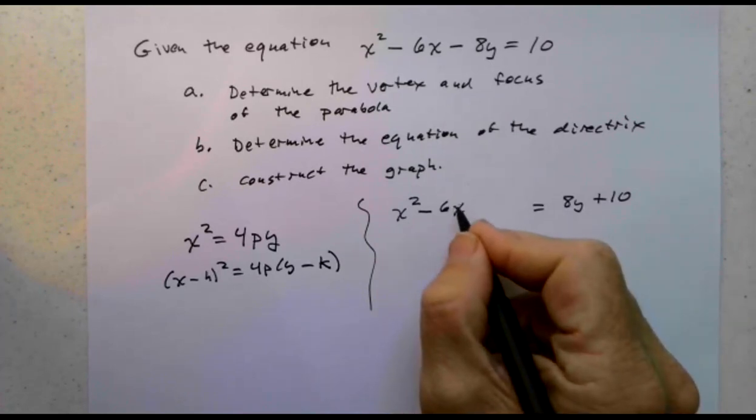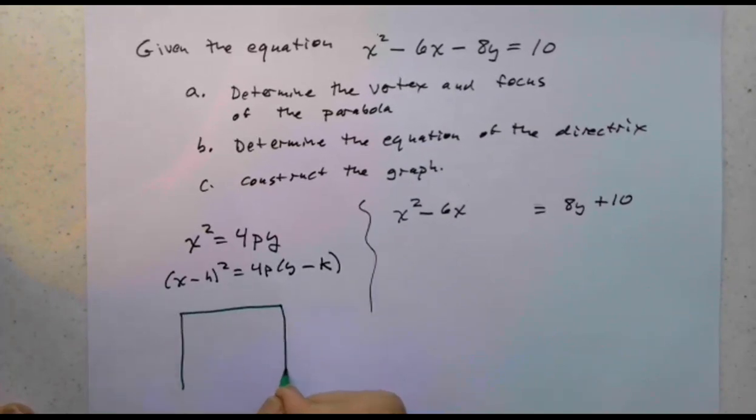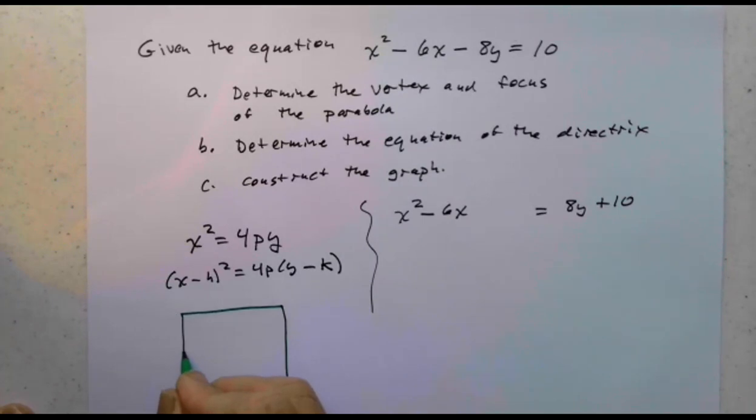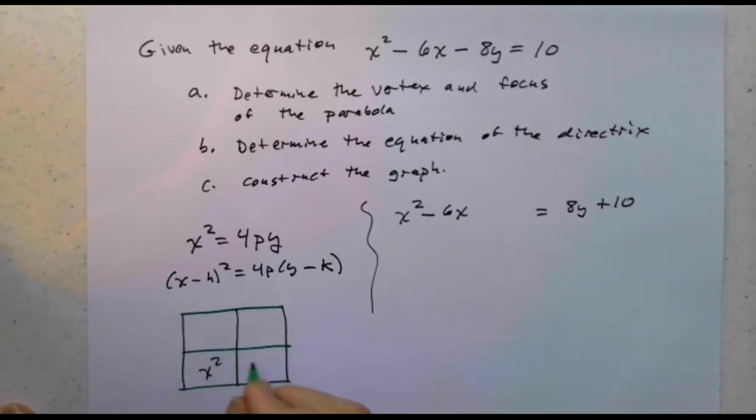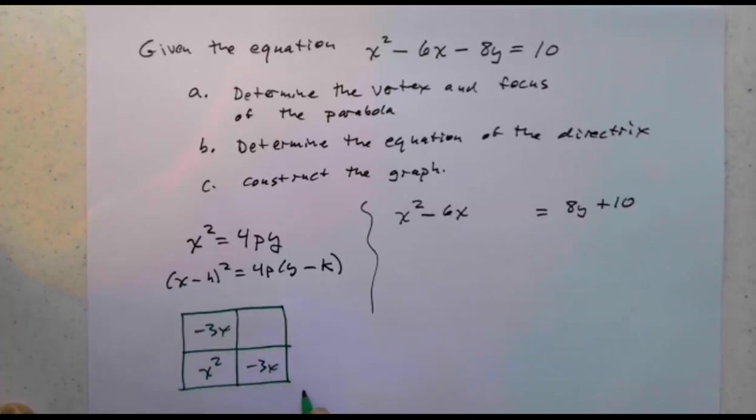And I want to complete the square. So I currently have x squared minus 6x. How do I complete the square? X squared is here, negative 6x split up into these two boxes. Negative 3x and negative 3x adds up to negative 6x.